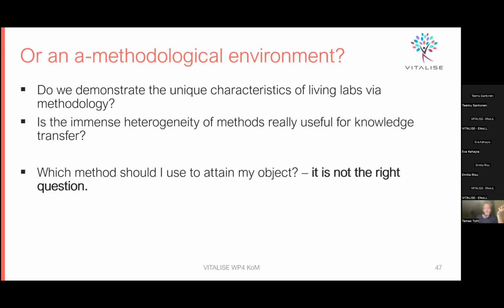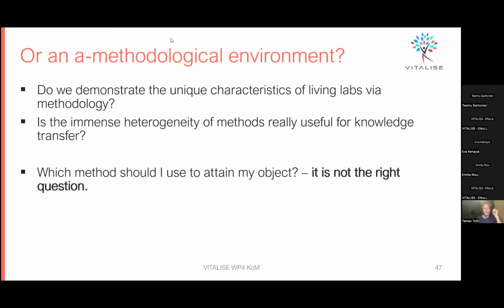Studies have also shown that this heterogeneity of methods has made it hard to compare and adopt on a broader scale. For instance, comparing studies within living labs, and the diversity of methods, activities, channels of communication, and reporting have hindered knowledge transfer as well.